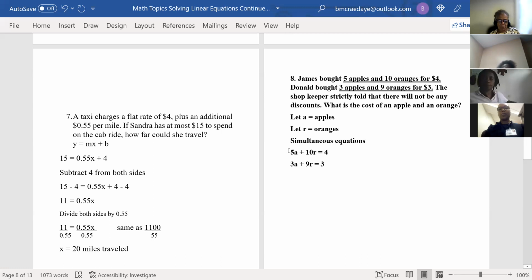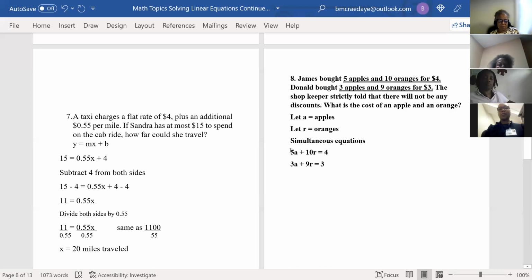Elimination is where you can get your equations such that you can subtract one from the other. Sometimes they have the same coefficient and variable and you can just subtract them, but these don't. So you can multiply the equations by numbers such that one of the variables' coefficients would be equal.